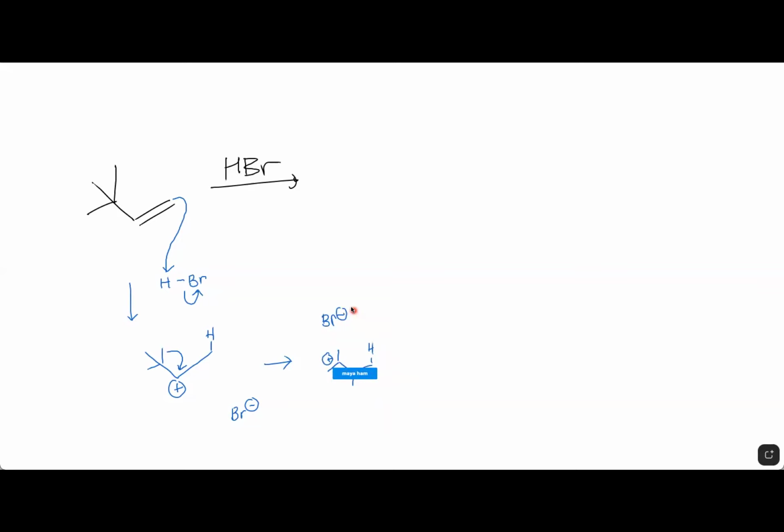Nice. That carbon there has a positive charge because it lost the bond. Before, that carbon had four bonds, one, two, three, four. But after the methyl shift, it now has three bonds and a positive charge. And then the Br minus can attack that carbocation to give us our final product. That's good. That's the final answer.